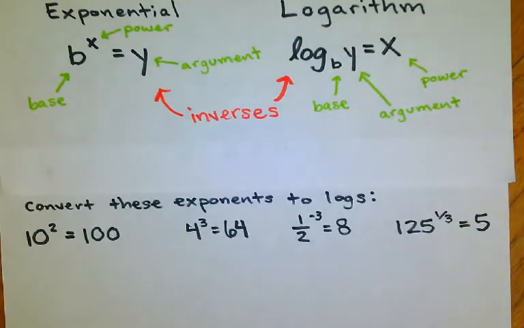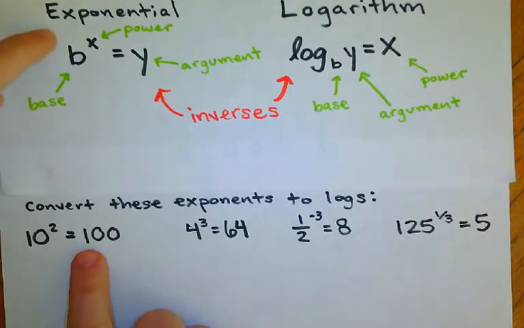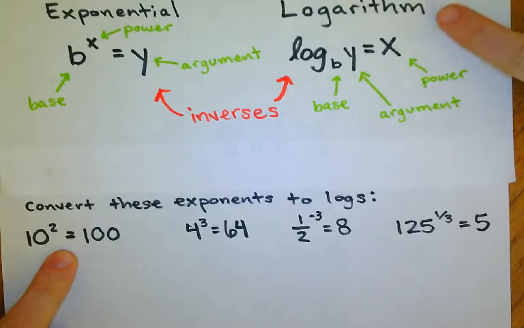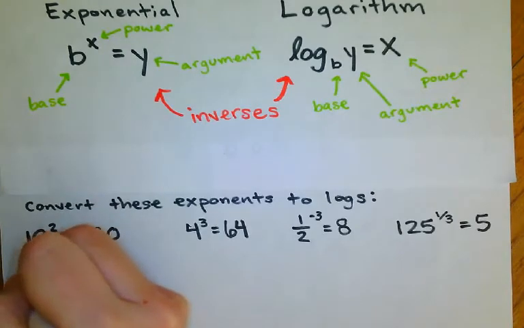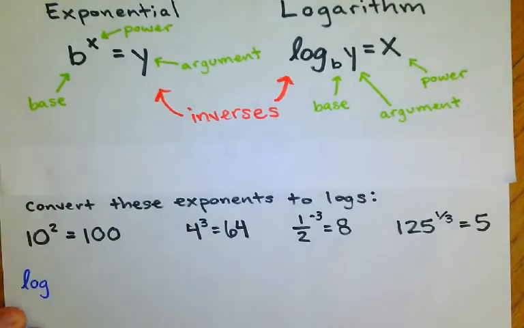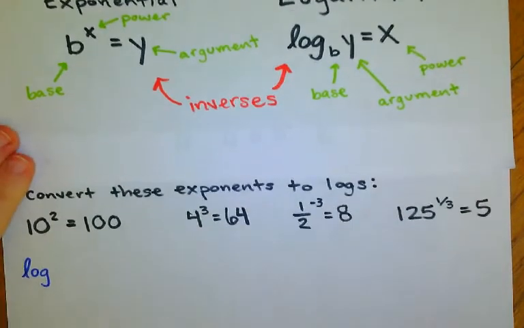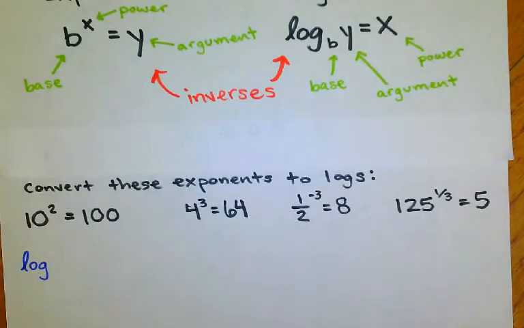All right, so here's our examples for converting exponents to logs. These are all in the exponential form, and we want to put them in this logarithm form. So if we're putting it in log form, I know that we're going to start out with log, and then I want to know what is the base of my exponent?